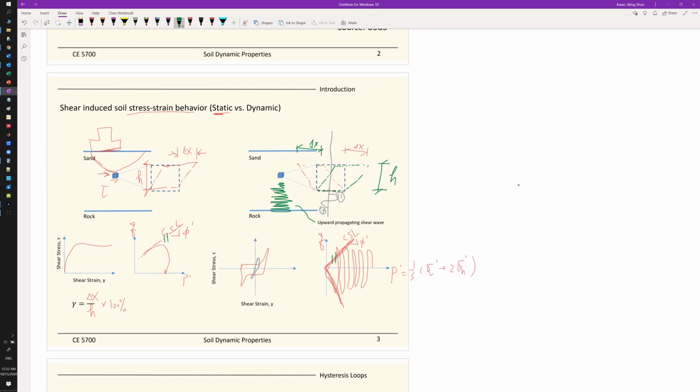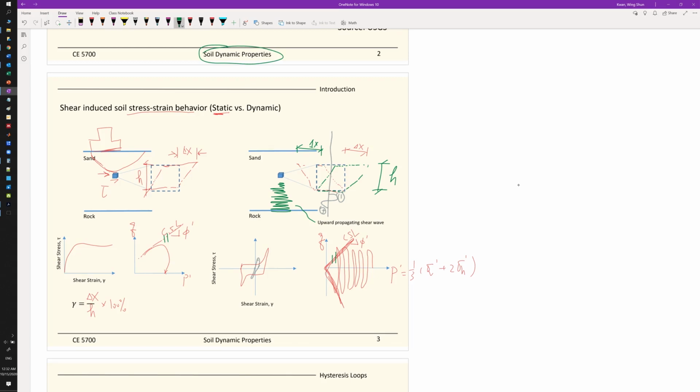So this is a quick picture about the dynamic loading, or the dynamic stress-strain response when an earthquake happens. For our applications, we want to do site response analysis, which means the main focus is to get the soil dynamic properties.